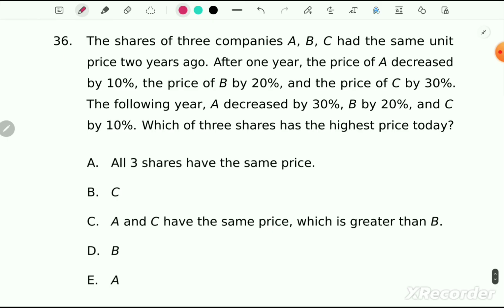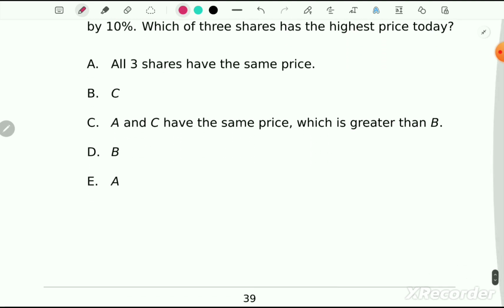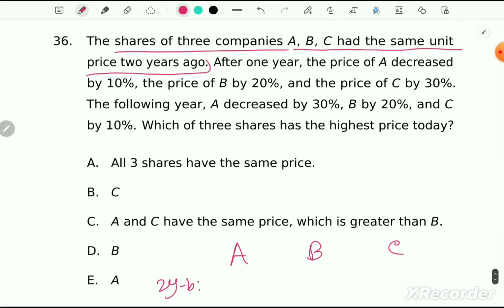This is our last question today. Let's study it. The shares of 3 companies A, B and C had the same unit price 2 years ago. Okay, so let's write the names of the companies A, B and C. 2 years back they have the same unit price. They didn't mention the unit price, but they have the same unit price.